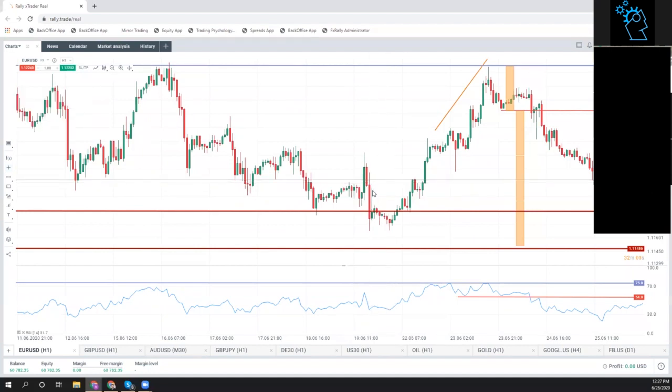Another thing I'd like to share with you is that this strategy is not fail-proof. So don't believe that the strategies you'll find and you'll hear about are fail-proof, have a 100% probability of success, because it will never happen. You cannot find a strategy which will give you 100% of your trades profitable.